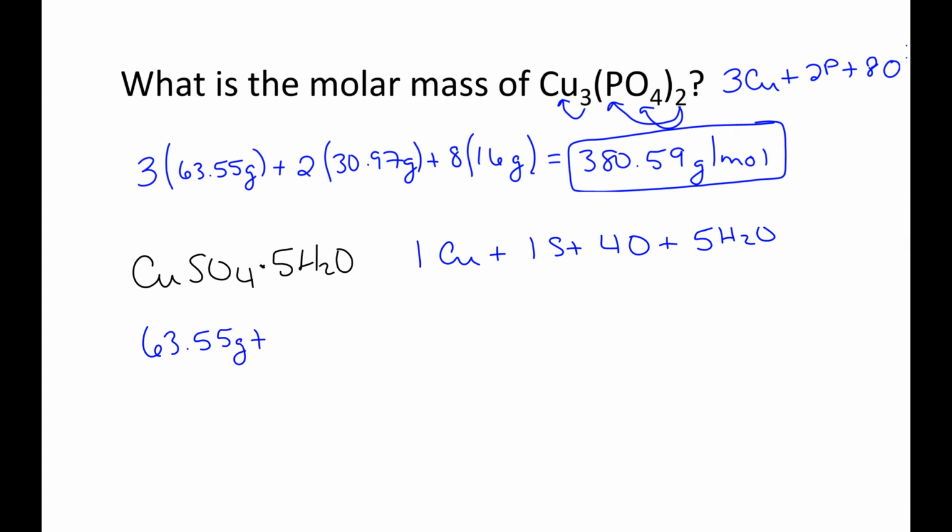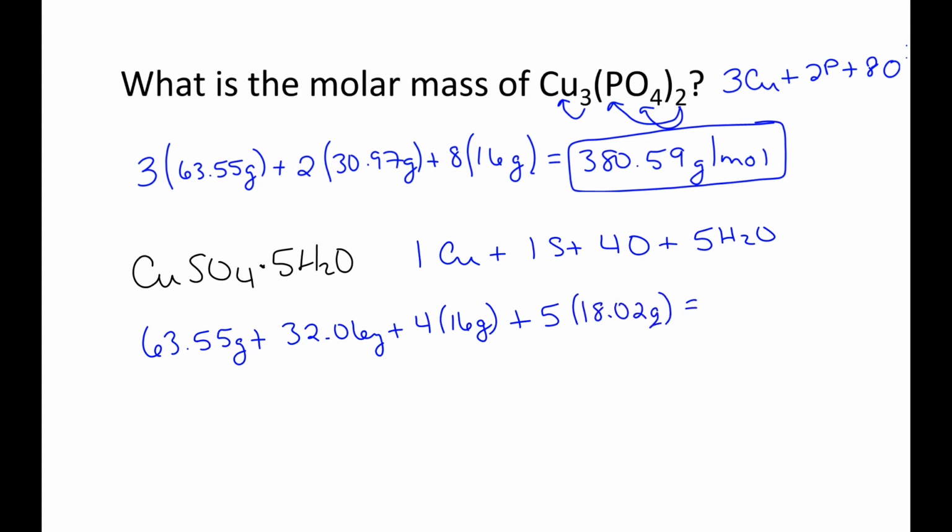Okay, so let me look up sulfur again. Sulfur has a mass of 32.06 grams plus 4 times 16 grams. Okay, and then we know what water is. Water is 18.01 grams. So we're going to put plus 5 times 18.02 grams. Okay, now we're going to put this in our calculator.